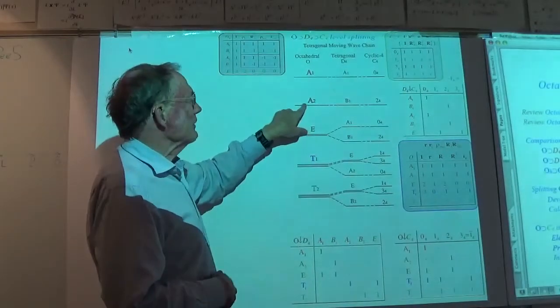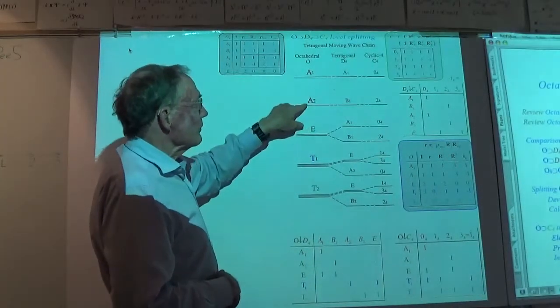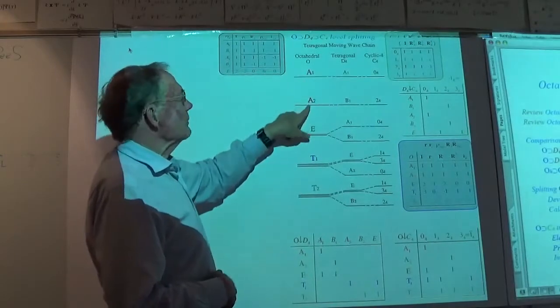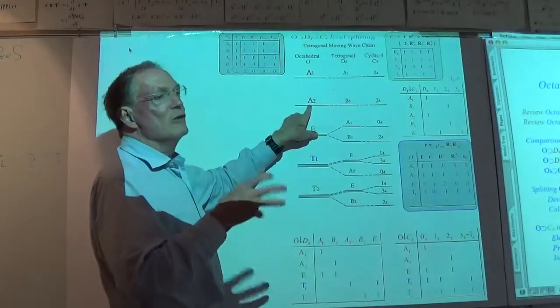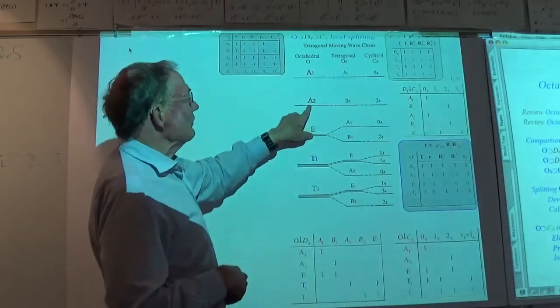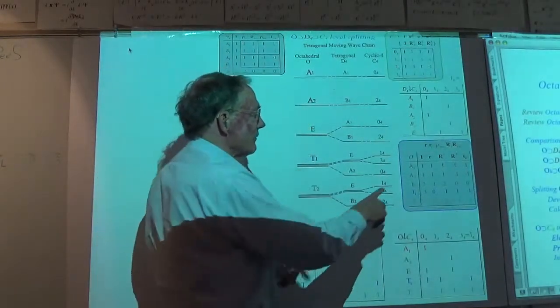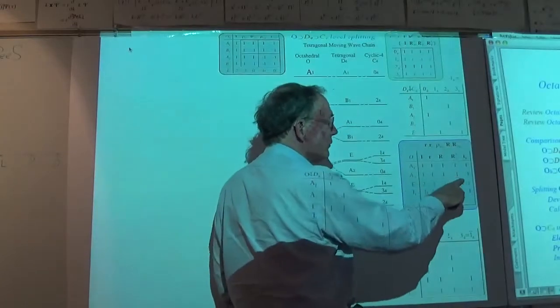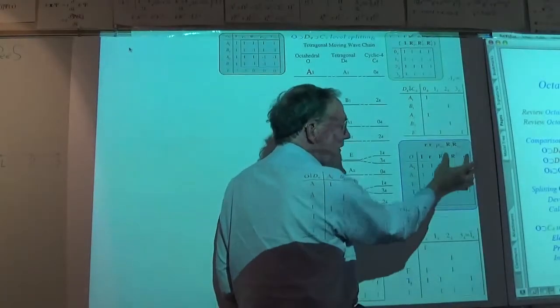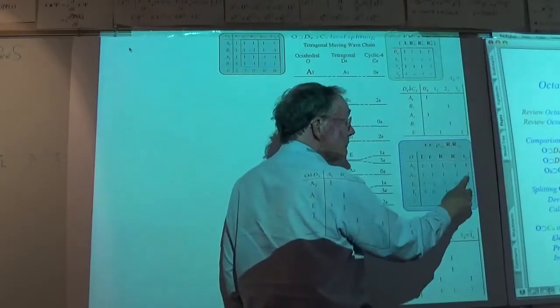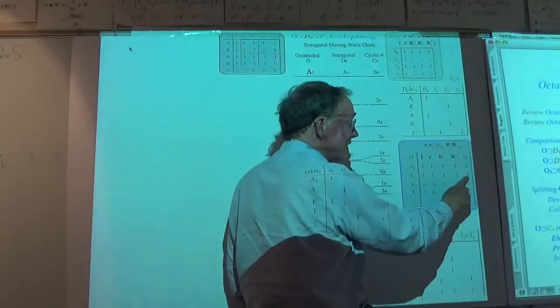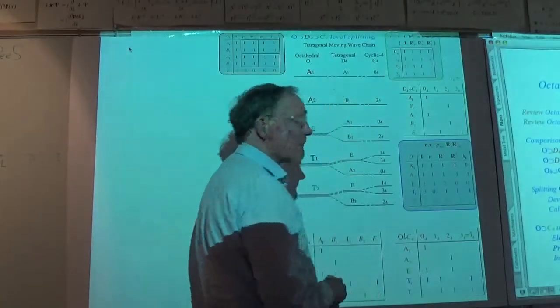It's also a scalar like this one, but I would call this a pseudo-scalar. 90-degree rotations give it a minus sign. And the way you can tell that is look at the character table for A2. The second half of the group, which is these 12 elements, all give minus eigenvalues for that one.